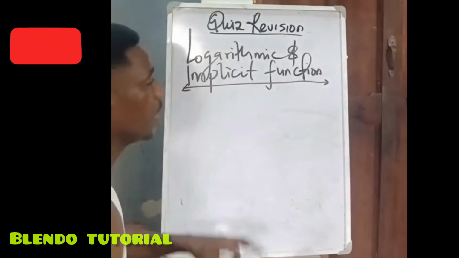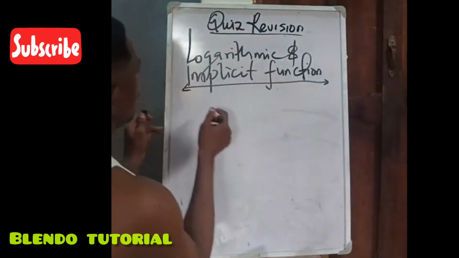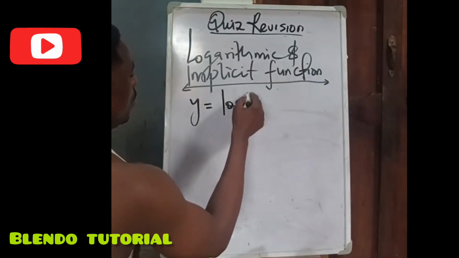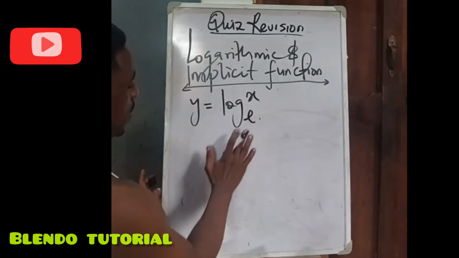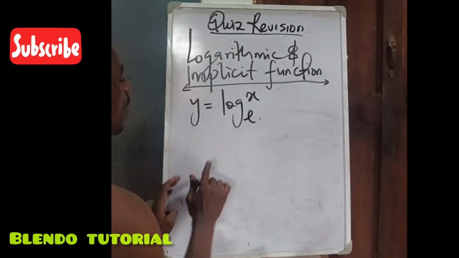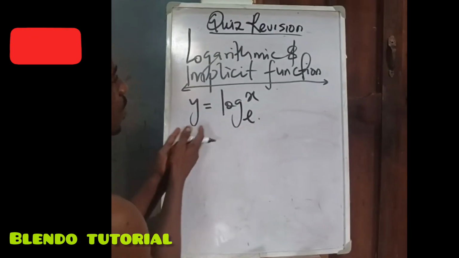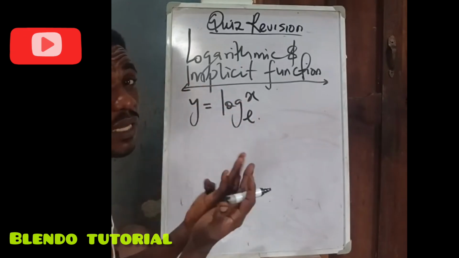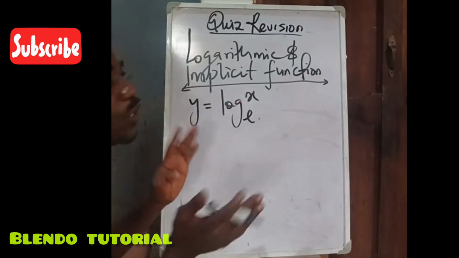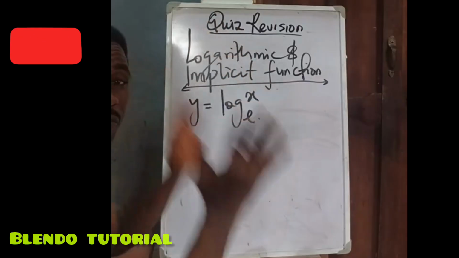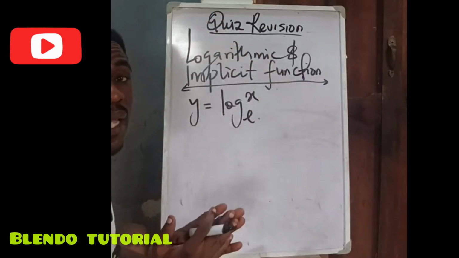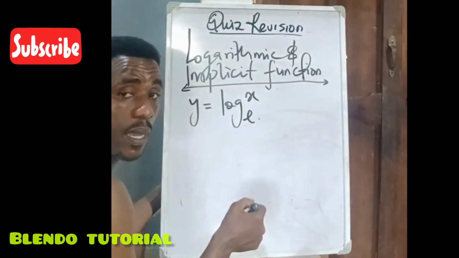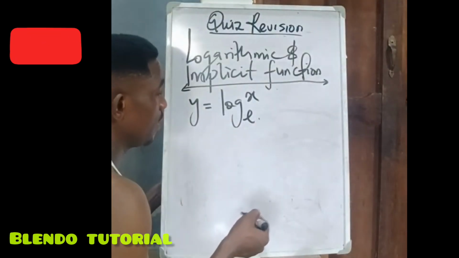When we talk about logarithmic and implicit function, you have y is equal to log x base e, which is a logarithmic function. Okay, we can actually differentiate because the actual point of knowing these functions is to learn how to differentiate them. So we are going to differentiate all the functions today in order to help you for your quiz. Log x base e.